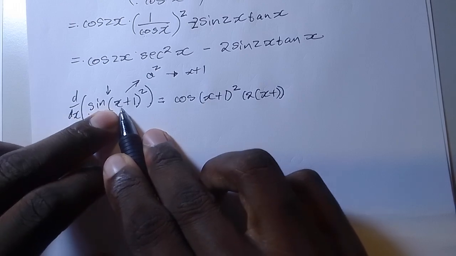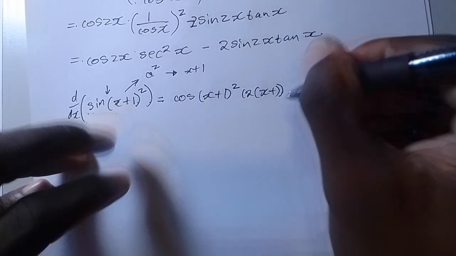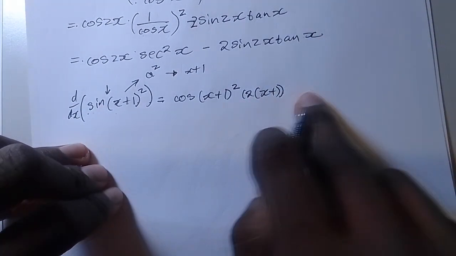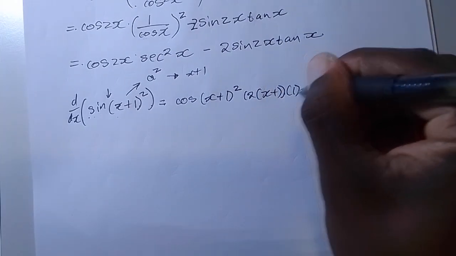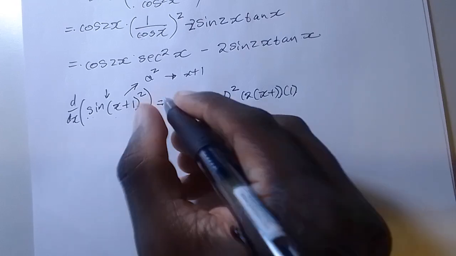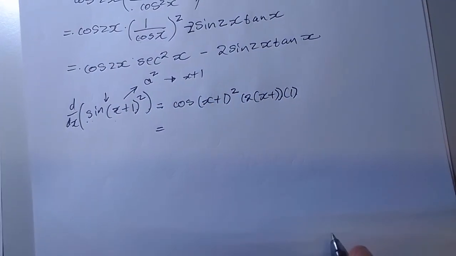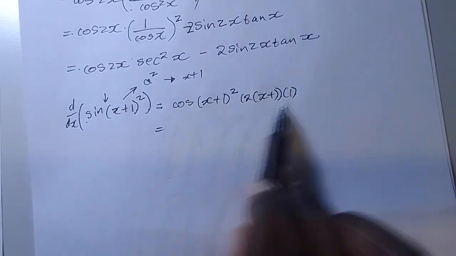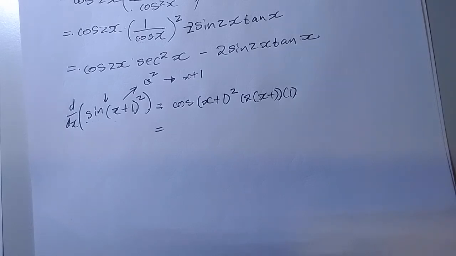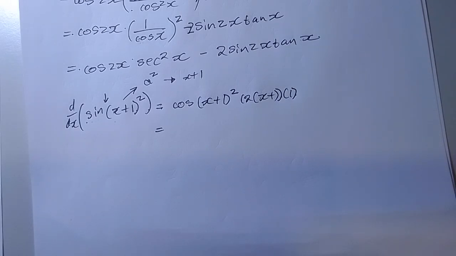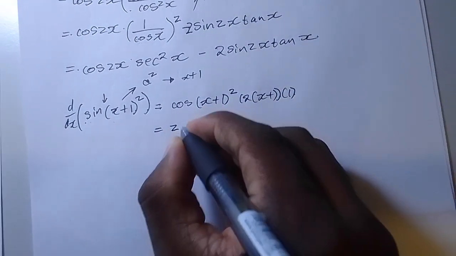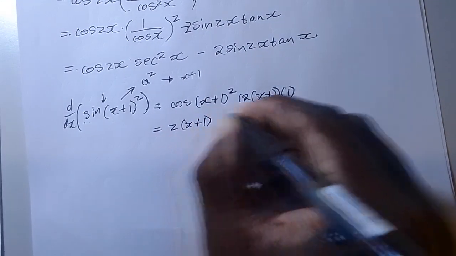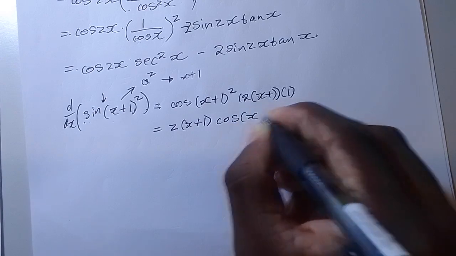The derivative of x is 1. We don't care about that either, since we are going to multiply with it. But probably write it just in case. Then now you have this. I don't know if you can simplify this in any way. Yeah, I think you can just say 2(x plus 1) cos of x plus 1 all squared.